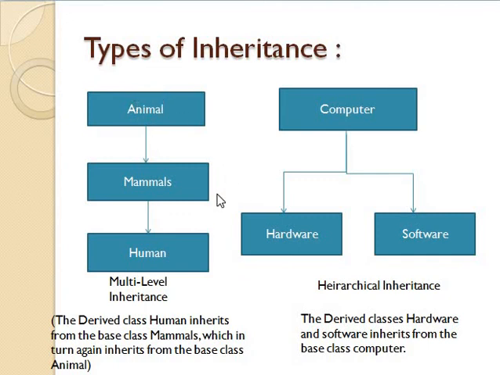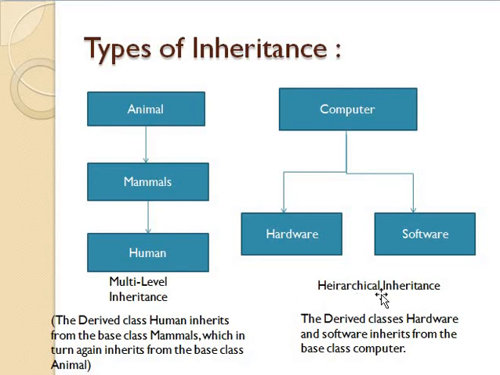In this example, there is one derived class called human which inherits the properties of the base class mammals, which in turn again becomes a derived class when it inherits the properties from another base class called animal. So such type of inheritance, where a base class becomes a derived class for another class, is known as multi-level inheritance.